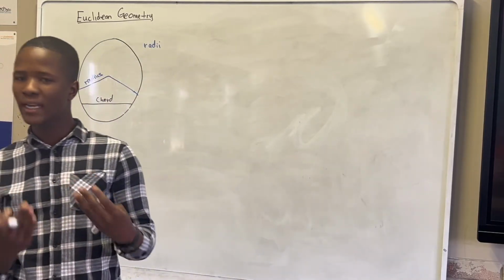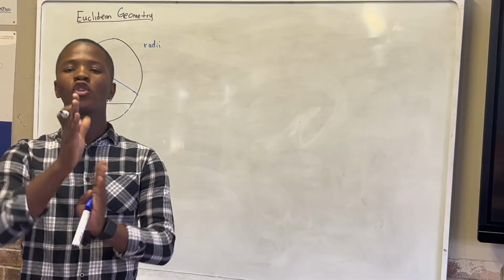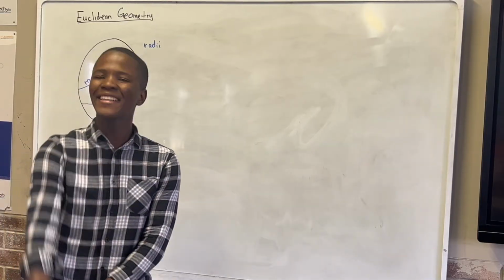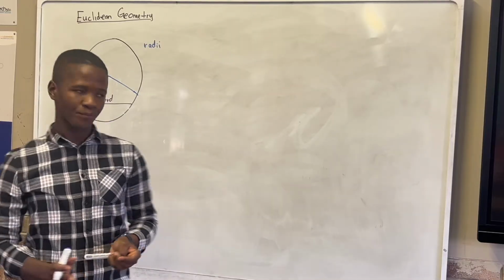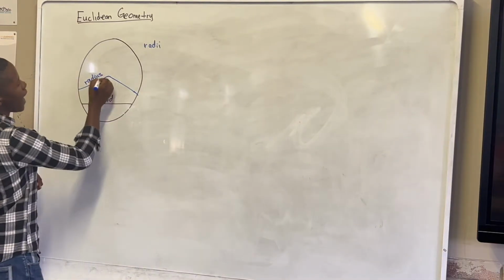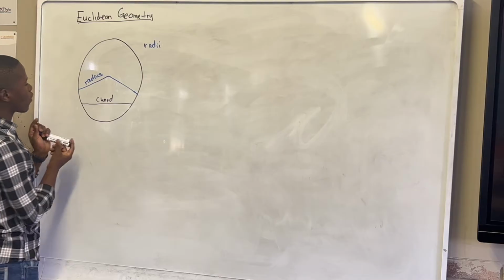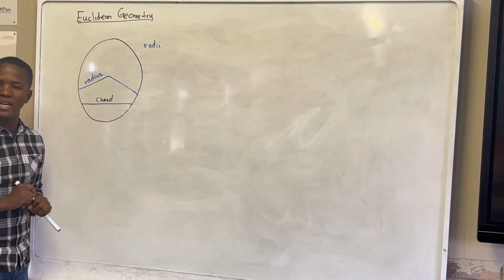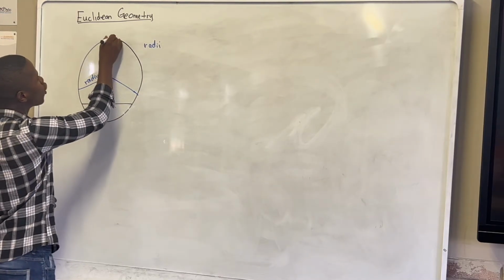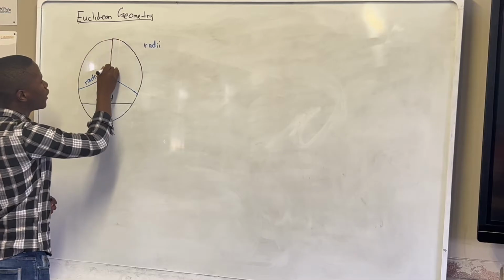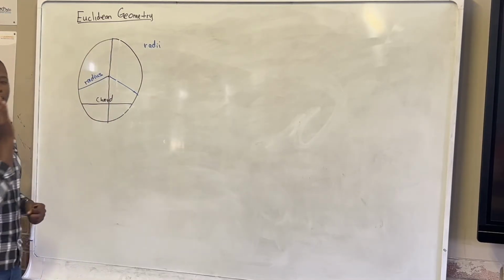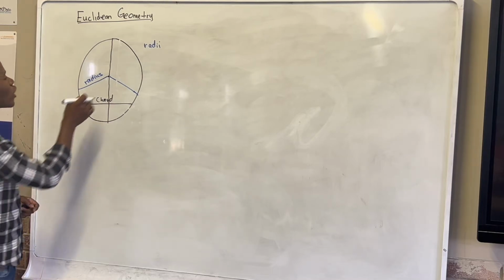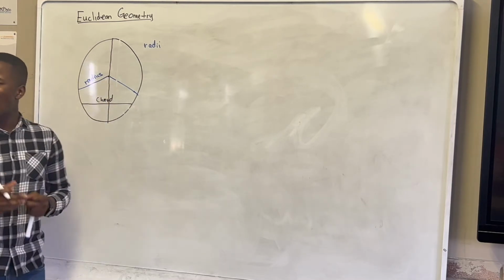If you have two radii that are collinear, which means they are in a straight line, cutting from the center and forming a straight line, we now call this a diameter.